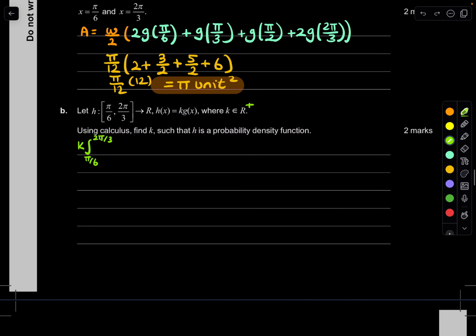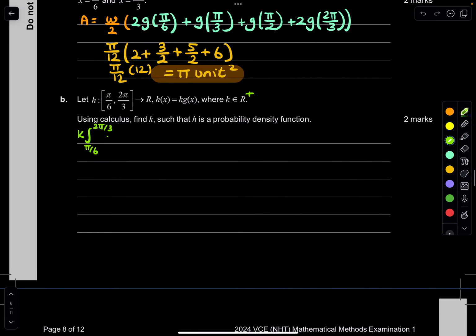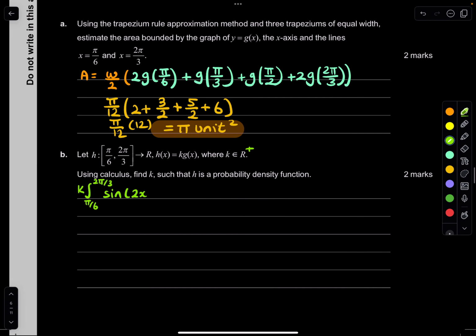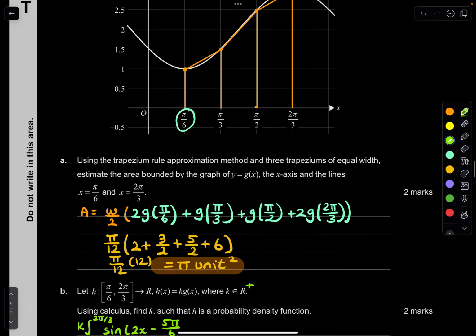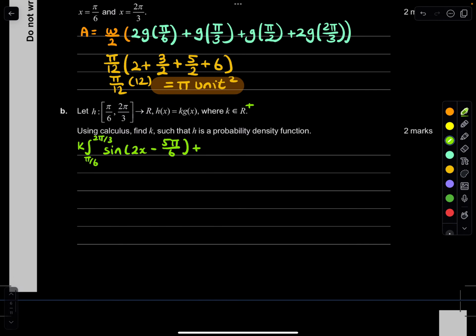I'm just going to write what g of x is: sine 2x minus 5 pi on 6, plus 2, dx. Beautiful. Must all be equal to 1.